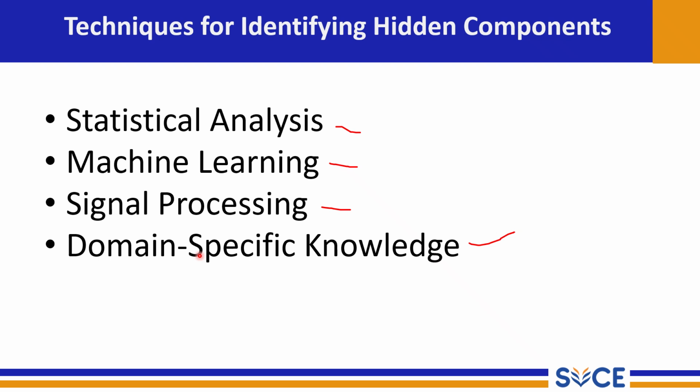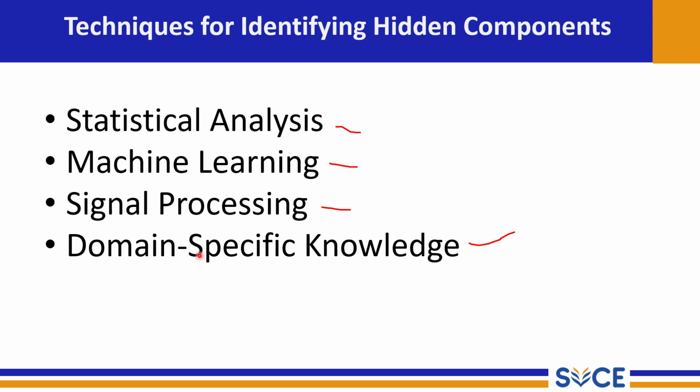HMMs are statistical models that are used to model sequential data. They assume that the observed data is generated by a hidden Markov process, which consists of a set of hidden states and transition probabilities. The hidden states can be interpreted as hidden components that influence the observed data.